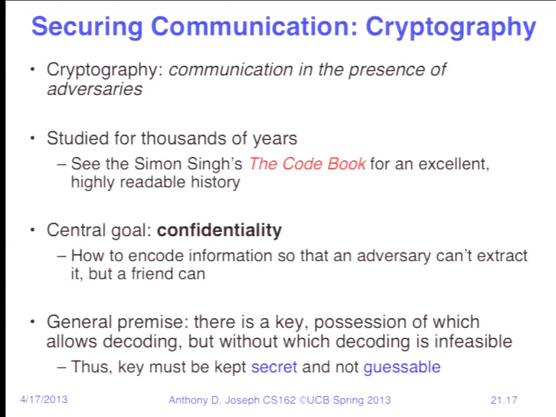But the important thing is you have to protect that key, because with that key, it's trivial to decrypt the data. You also have to pick a key that's hard to guess. Right? If the key is easy to guess, all bets are off. Right?